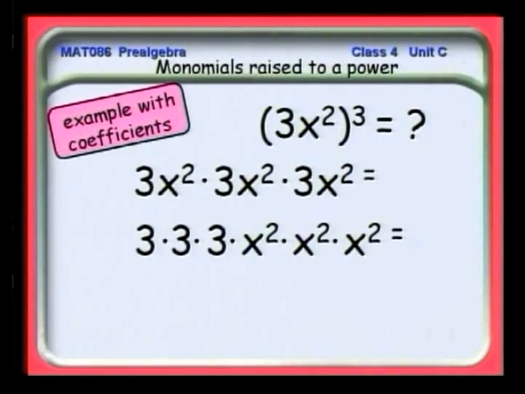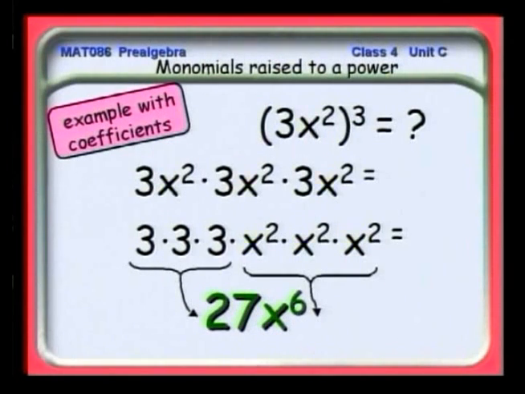Using the rules we've developed for multiplying monomials, I can take the coefficients, put them over on the left, 3 times 3 times 3, and then get x squared times x squared times x squared, which I know how to deal with. 3 times 3 is 9, times 3 is 27. X squared times itself 3 times, 2 plus 2 plus 2 is 6.